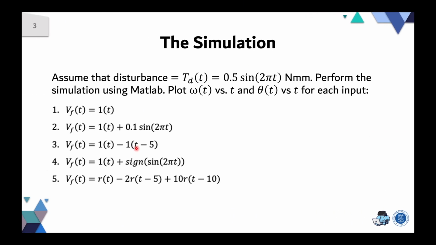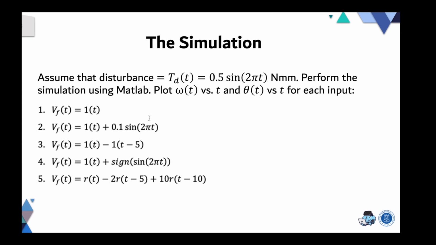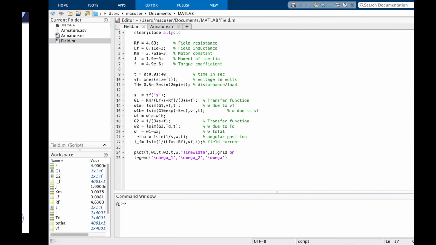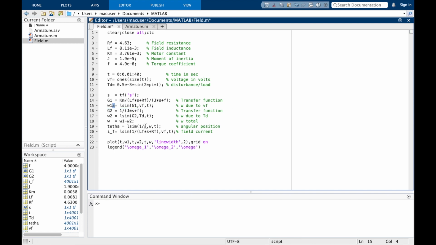Now number 4: this is a step function plus the signum function of the sine function. Let me separate this. This is omega 1.